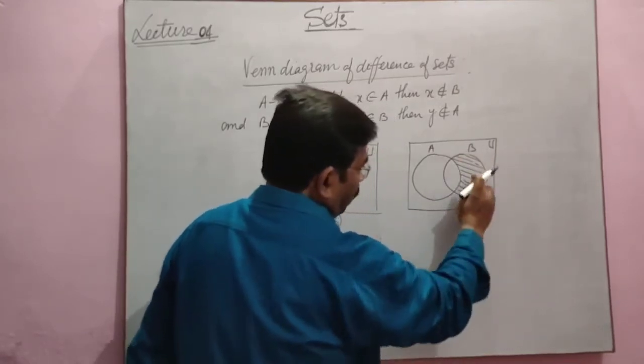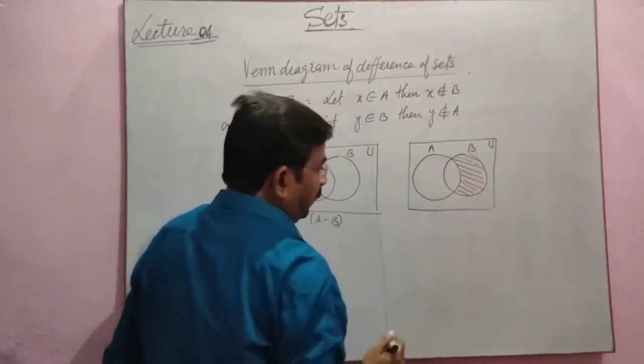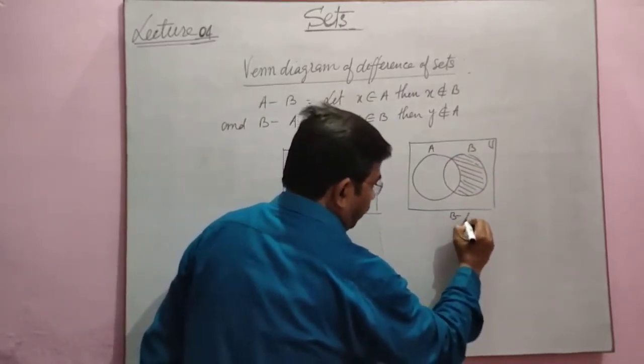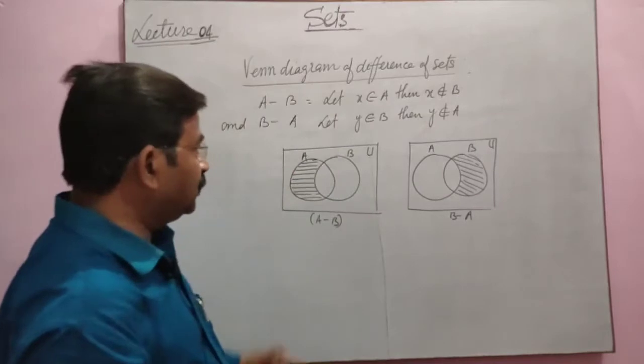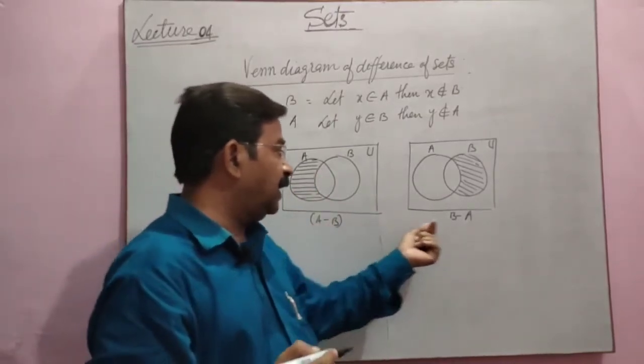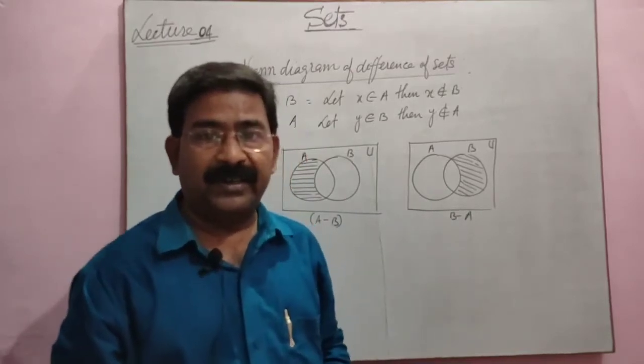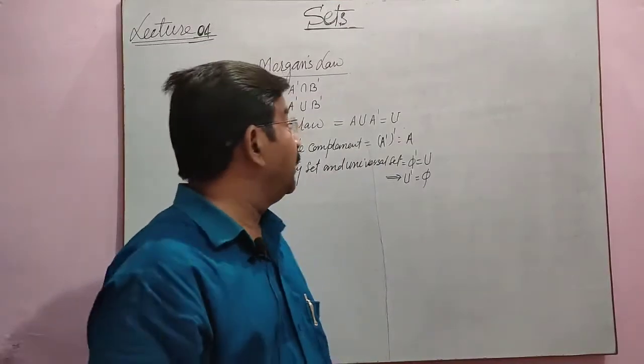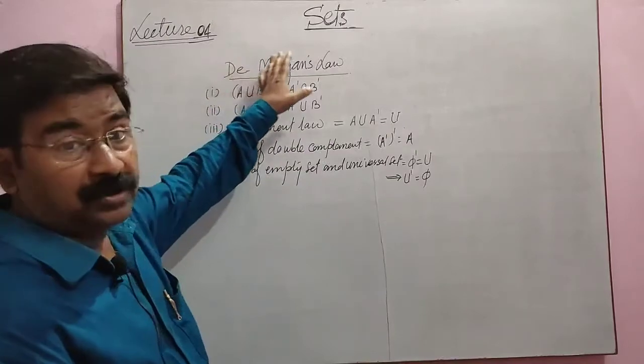Elements of B only. So this is B minus A. This is how we form the Venn diagram of A minus B and B minus A. Got it? Now we are coming to very important laws.